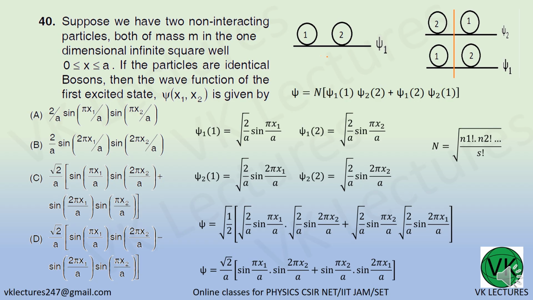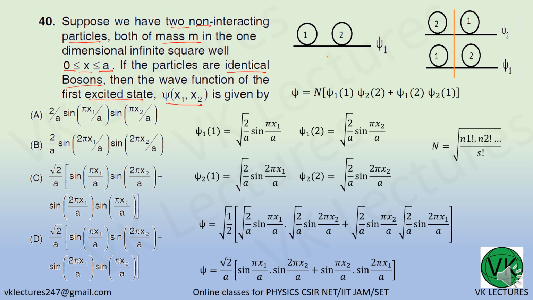Suppose we have two non-interacting particles, both of mass m, in a one-dimensional infinite square well potential, 0 less than or equal to x less than or equal to a. If the particles are identical bosons, then the wave function of the first excited state psi of x1 comma x2 is given by.